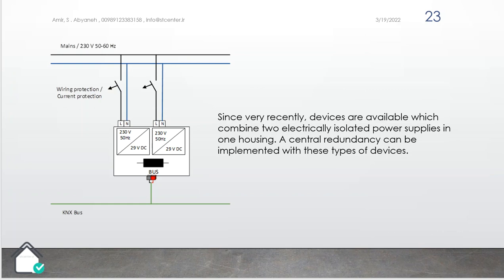Okay. Since very recently, devices are available which combine two electrically isolated power supplies in one housing. Essentially, redundancy can be implemented with these types of devices. So the book said there are some power supply units in KNX that provide us two separate outputs that are internally isolated. So we can use it for KNX devices, and if one of them fails, you can use the second one, okay?